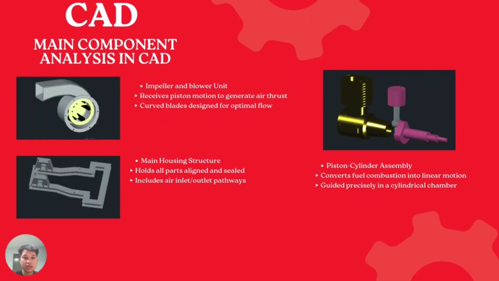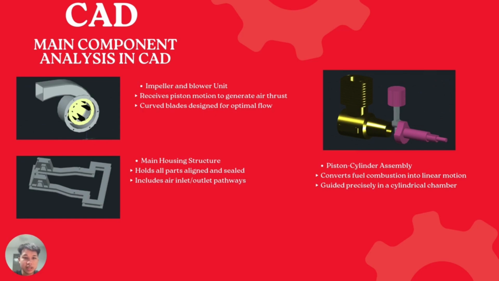So, the next slide. In this slide, I've highlighted the key components of the design in more detail. The piston and cylinder assembly is the core of the design, where pressure build-up simulates combustion to push the piston. This motion is critical in driving the next stage, which is the impeller and blower unit. It is positioned after the piston and designed with curved blades to convert the linear motion into rotational airflow, acting as the main blower.